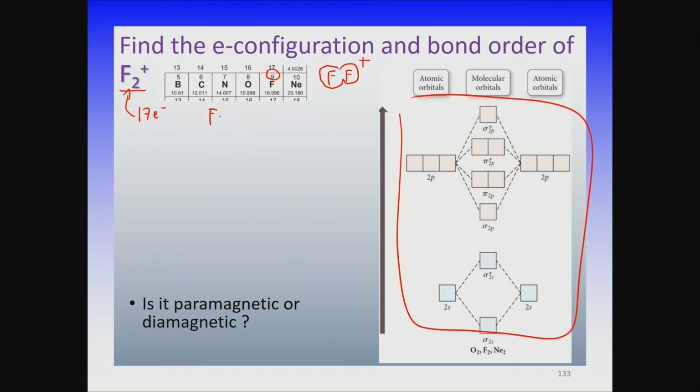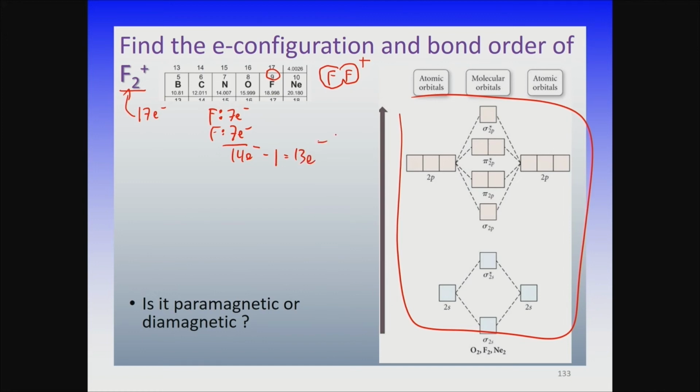Fluorine is in column 17, so it has 7 valence electrons. The other fluorine atom has 7 valence electrons. So we have a total of 14 valence electrons, but it's missing 1 electron, so it's a cation, and we're really dealing with 13 valence electrons.